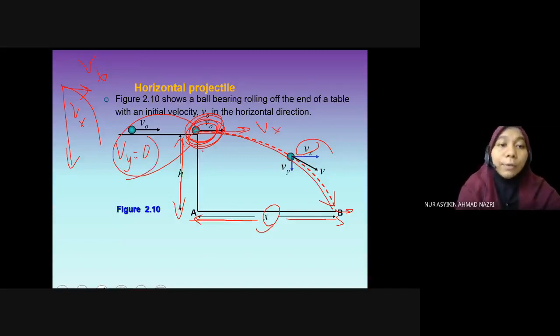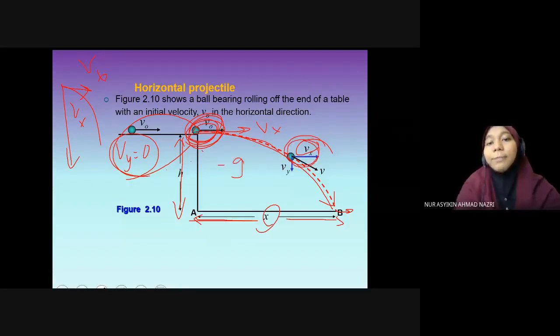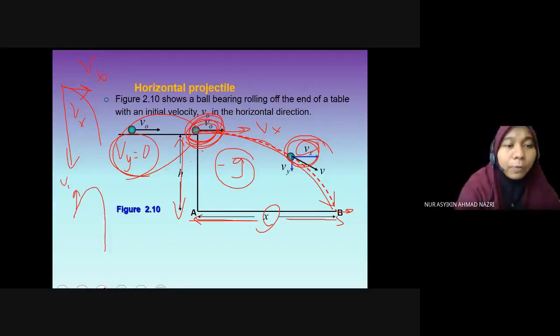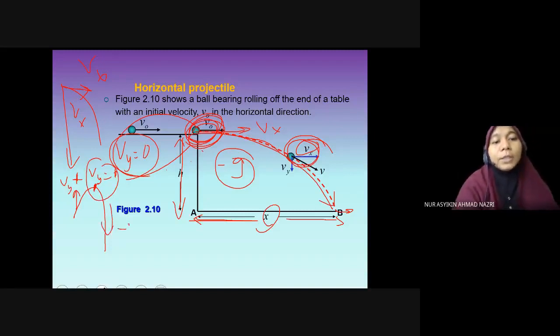What happened to Vy? Vy equals 0. But why can Vy suddenly appear here? Because it moves with negative gravitational acceleration, so it will be zero and then become more negative. So on the way up you get positive Vy, and once it reaches the maximum, Vy equals 0, and after this it will have a negative sign.